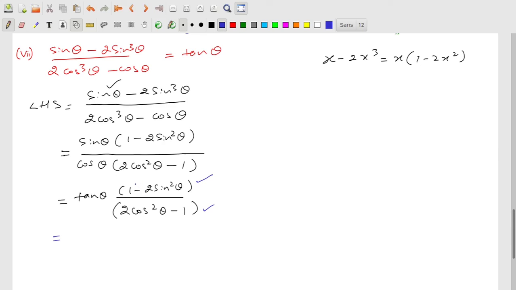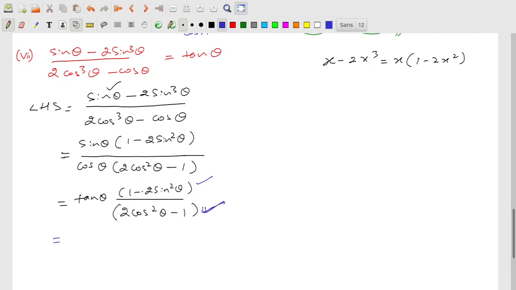Now how to simplify these two expressions? Okay, so what is the next step? What I will do, I won't make any changes in the numerator. I will keep this expression as it is, and I will make certain changes in the expression here. We have sine square here and then cos square here. Now how to get sine square in the denominator?